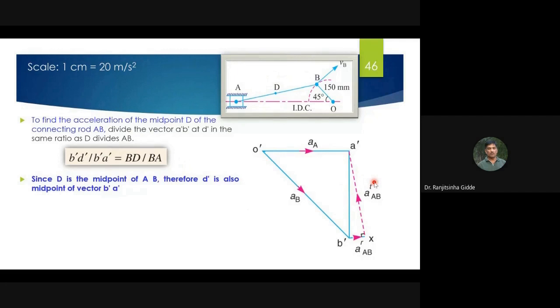Next line you can write, since D is the midpoint of AB, therefore D dash is also the midpoint of vector B dash A dash.